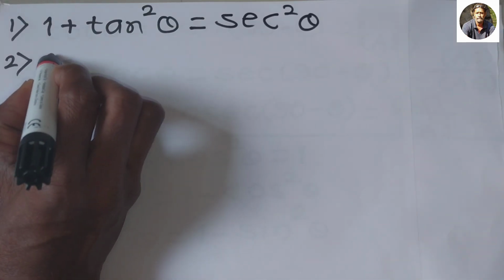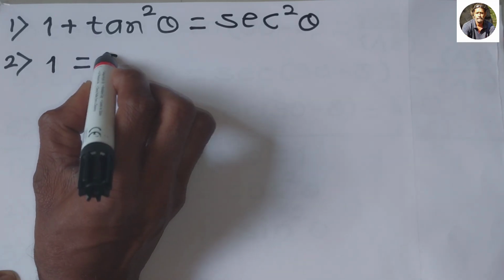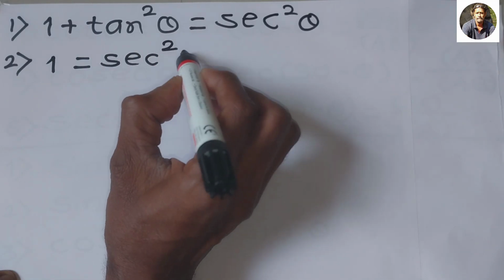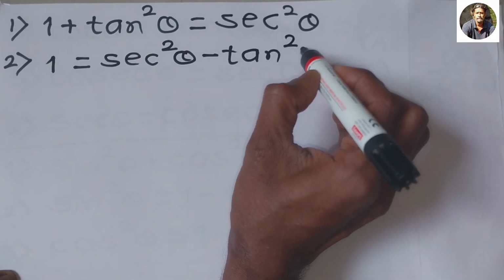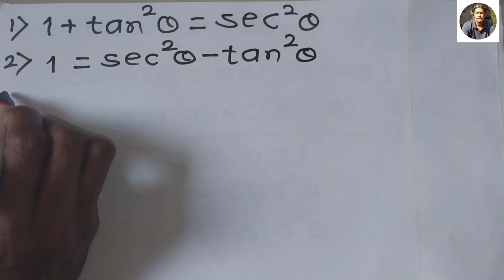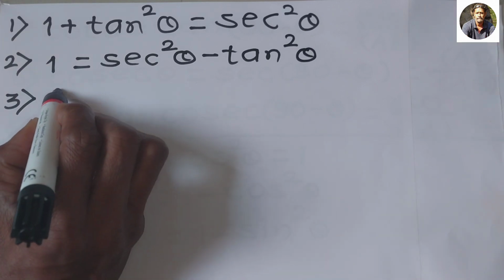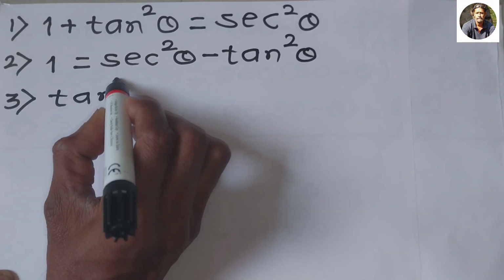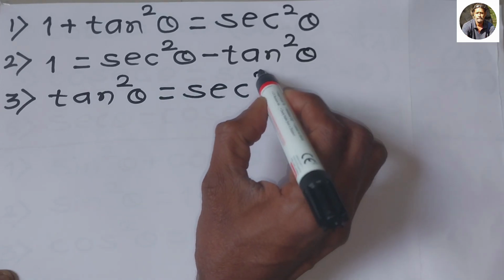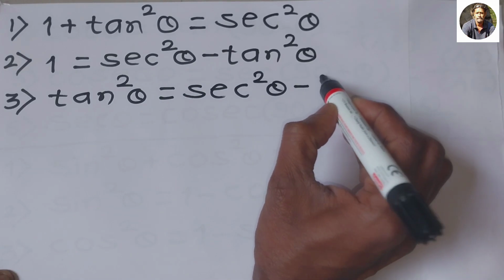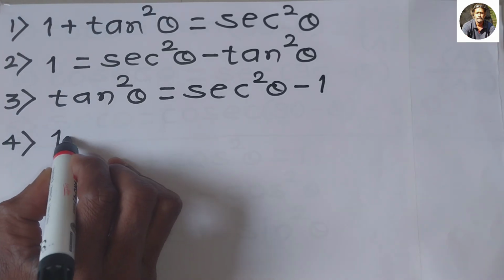We take tan²θ to the right side, therefore plus becomes minus, so 1 is equal to sec²θ minus tan²θ. Then we also take 1 to the right side, therefore tan²θ is equal to sec²θ minus 1.